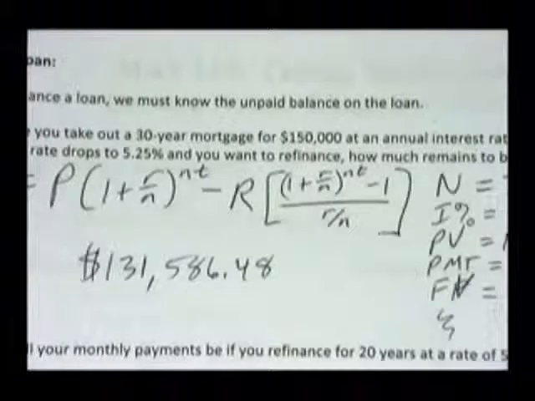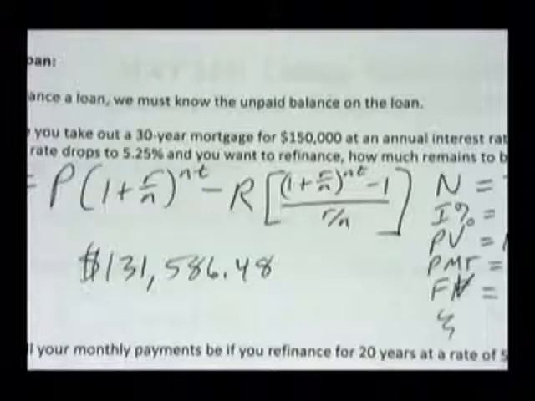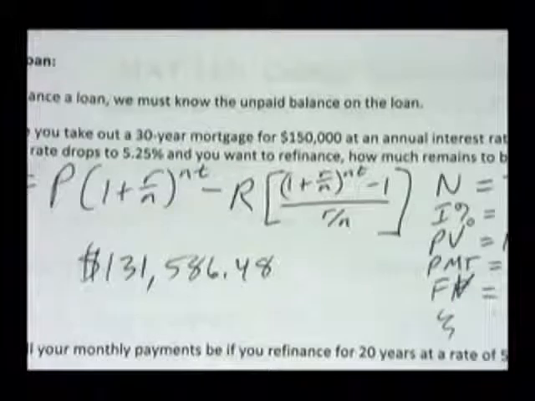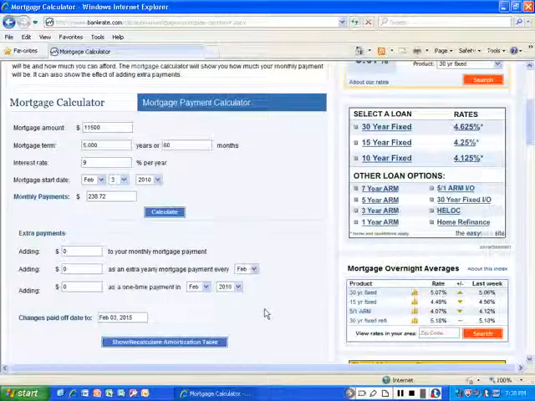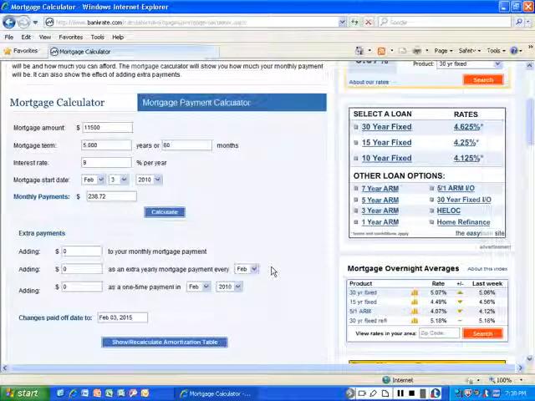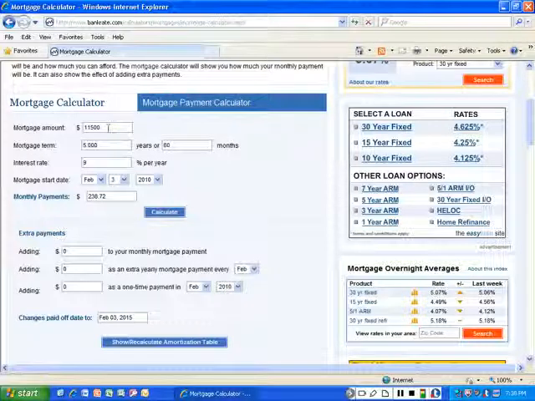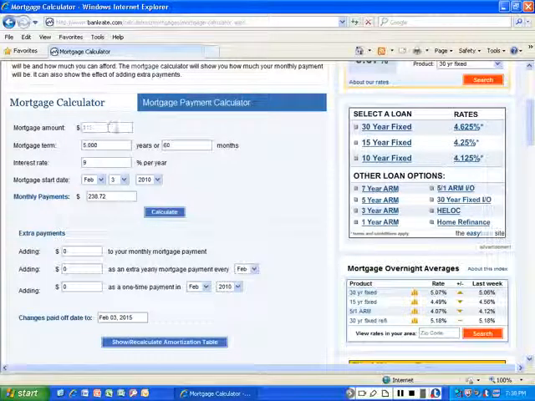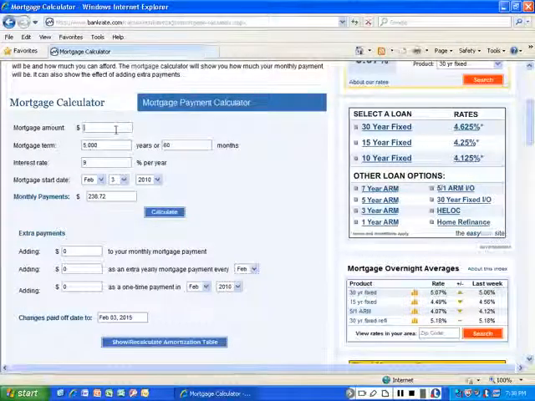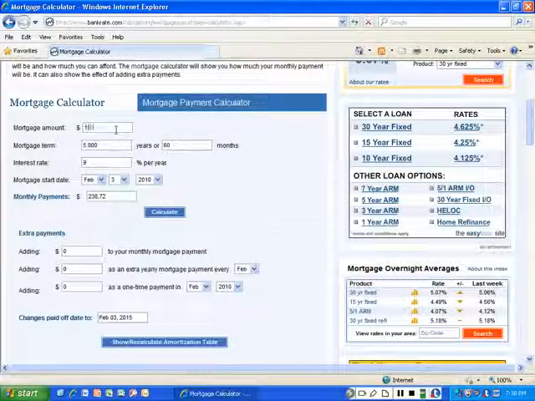Now you could also go to the amortization schedule on that mortgage calculator, and you could actually look down and see what the balance is after 10 years. So the other thing you could do is go back here, and you could put in your mortgage amount of, what did we say it was, 150,000?